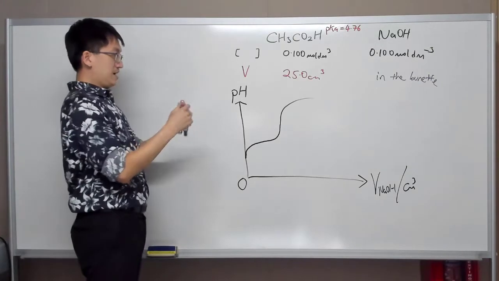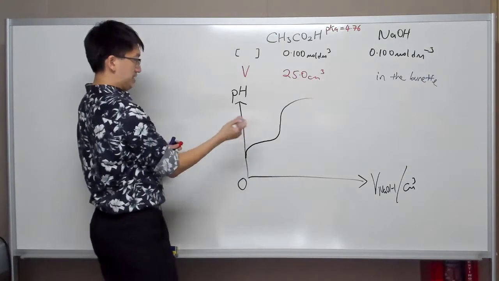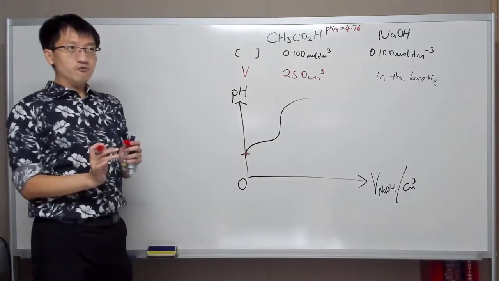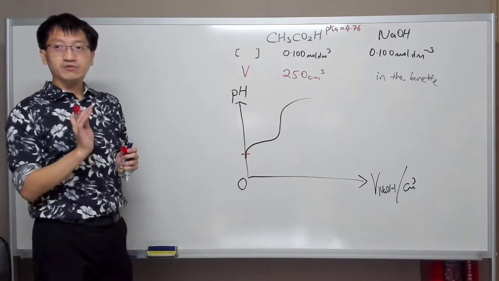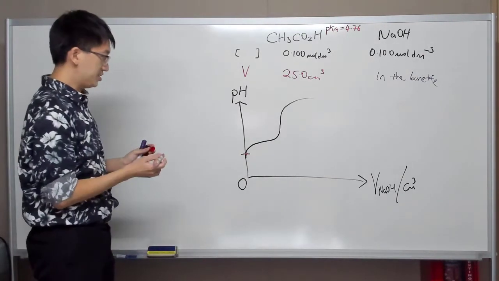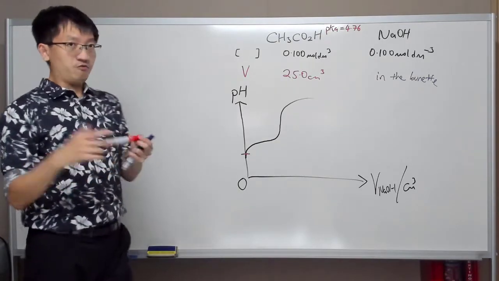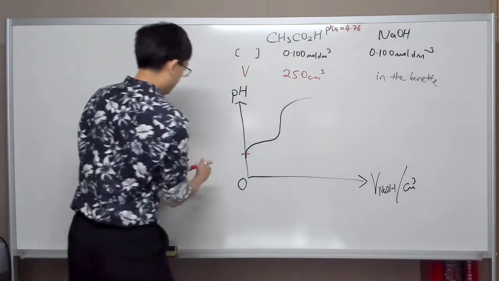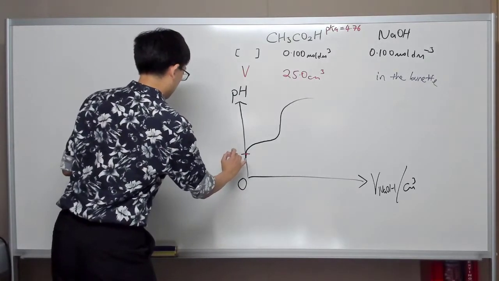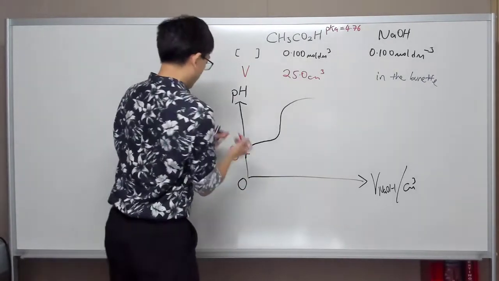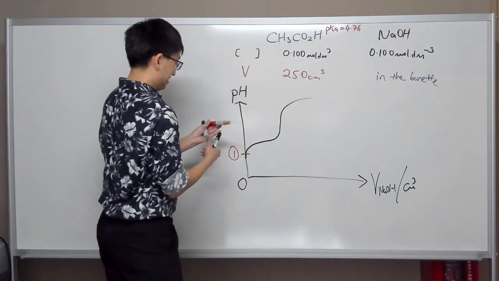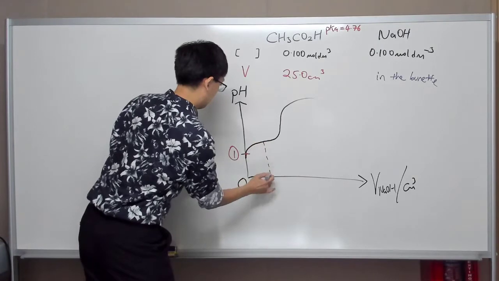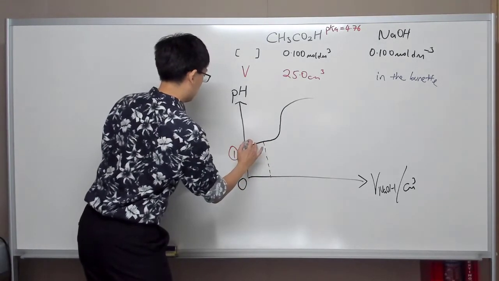After that, I'm going to indicate to you 4 important regions for calculation purposes. This is the first region, I just put it as 1. Then there's another region here which we are interested in, which is what we call the half equivalence point.